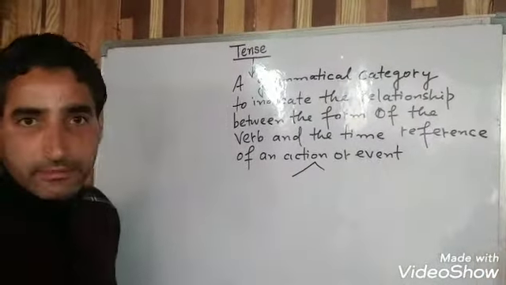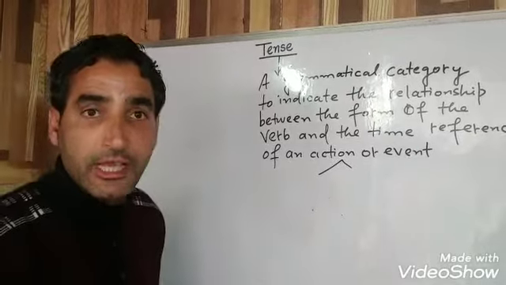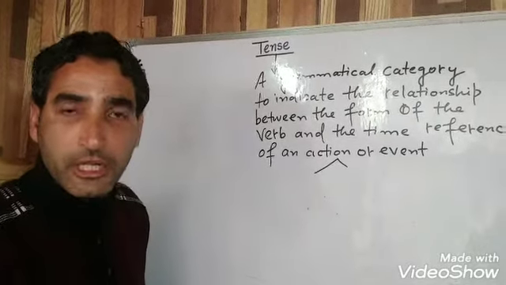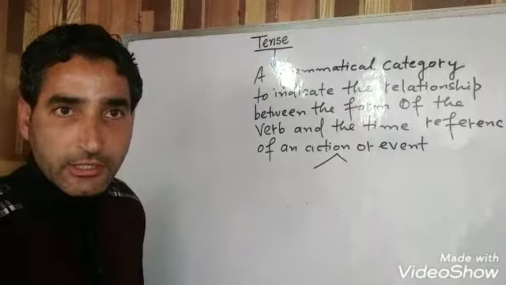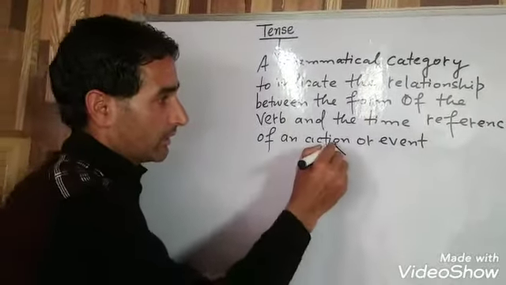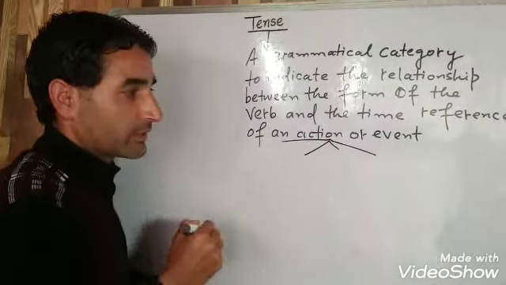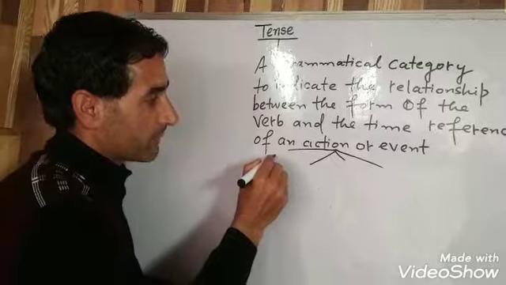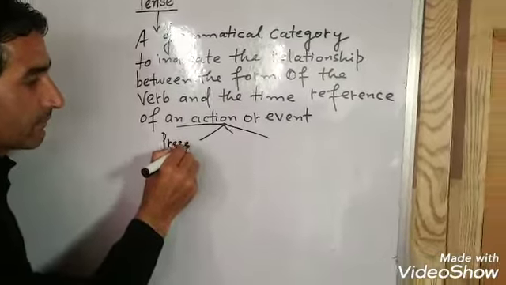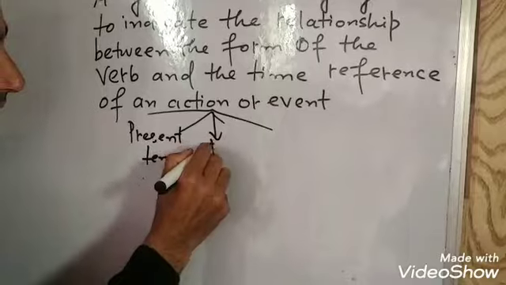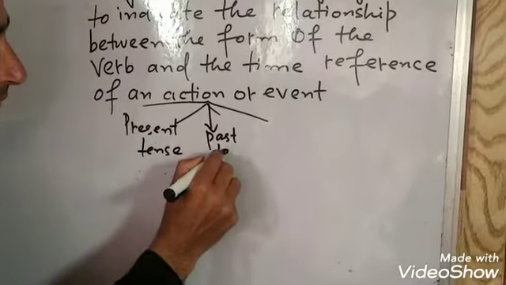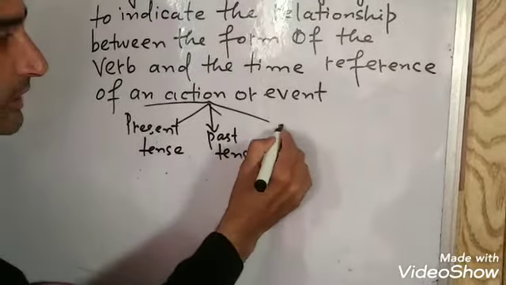Now, there is the concept, and it is also mentioned in some grammar books, that there are three tenses in English. One is present tense, another is past tense, and third is future tense.